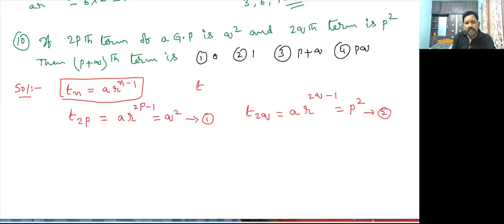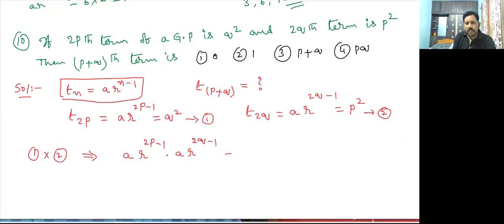But we need to find T p plus q. This is the question mark. Multiply 1 into 2. What happened? a into r power 2p minus 1 into a into r power 2q minus 1, that is equal to q square into p square. A into a is a square.